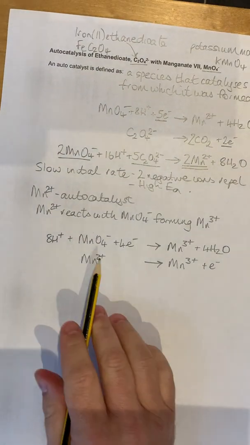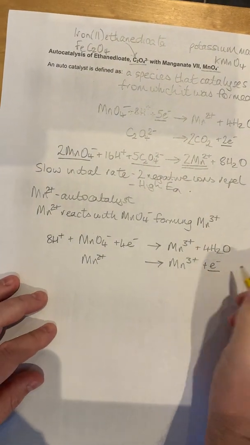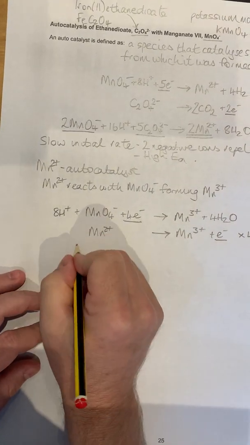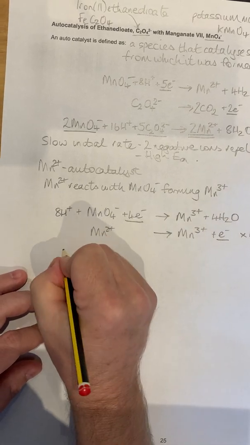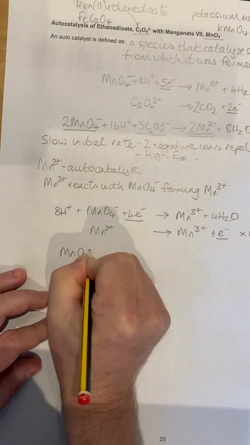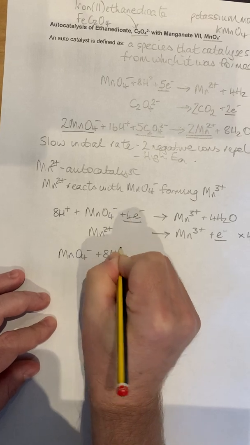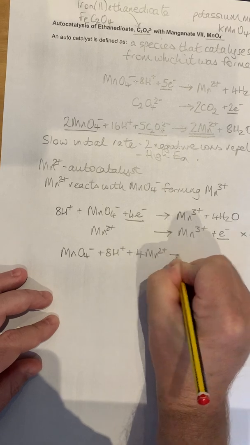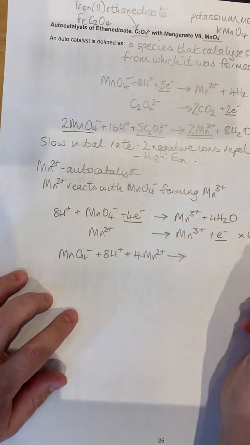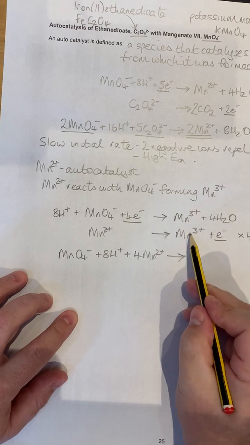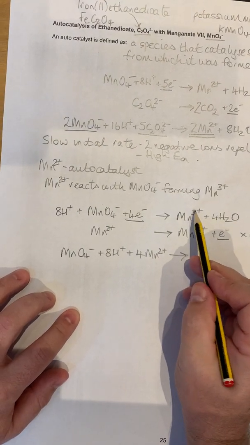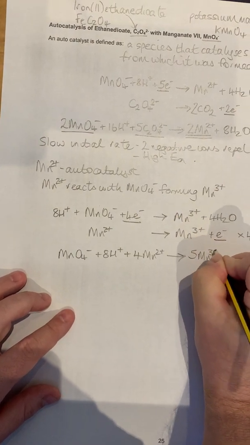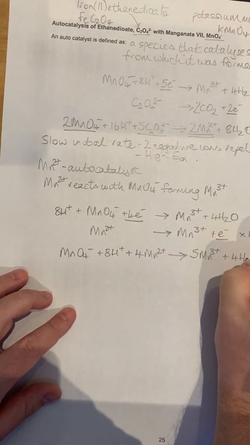Now we're going to combine both of these. 1 electron there, 4 electrons there, so we'll multiply that one by 4, and I'll just reorder it a bit: MnO4- plus 8H+ plus 4 Mn2+ goes on to give, well, I'll group all these together, 4 Mn3+ plus that one there, which will be 5 Mn3+, then plus 4 H2O.